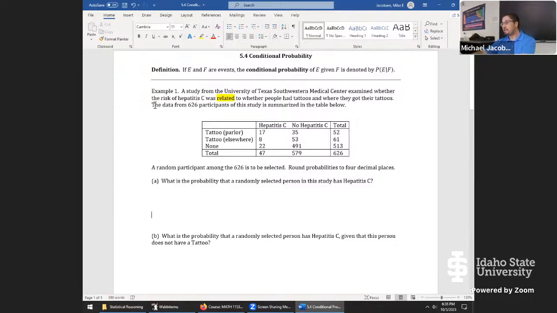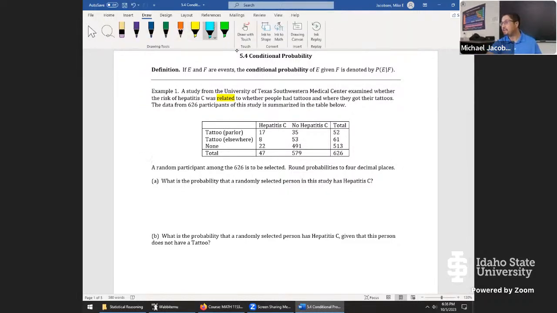So they go on to say, we have data from 626 participants summarized below. That's also a little bit different. We were doing hypothetical 1,000 tables, and when we were doing that, we expected to divide by 1,000 every time. Not here, because we have 626 participants. That would be the denominator in this problem.